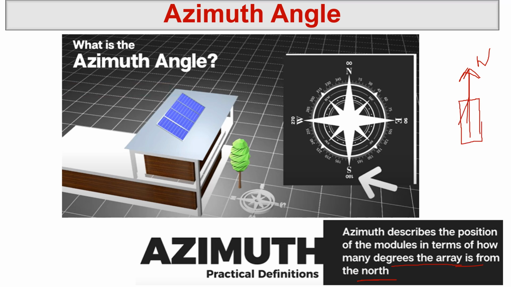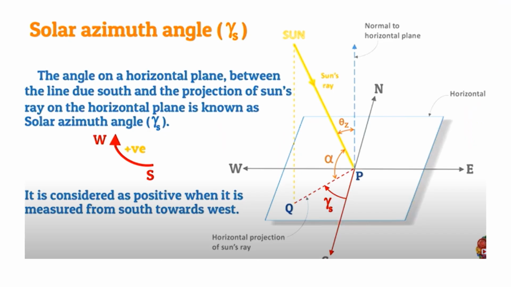But if you want to place the panels at some angle to here, something like this, then it makes some angle. This particular angle is called the azimuth angle. Again, the azimuth angle here is represented as theta. This is your azimuth angle.